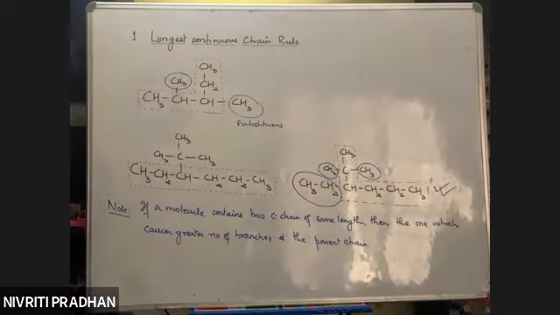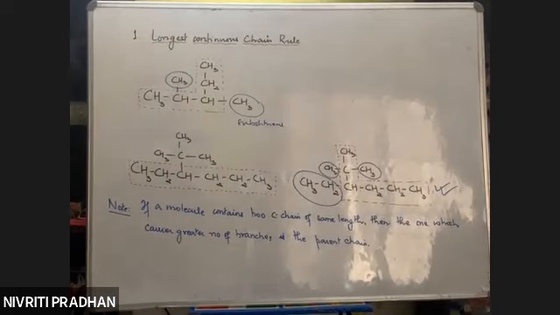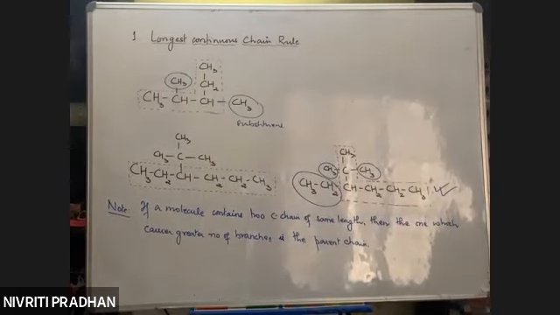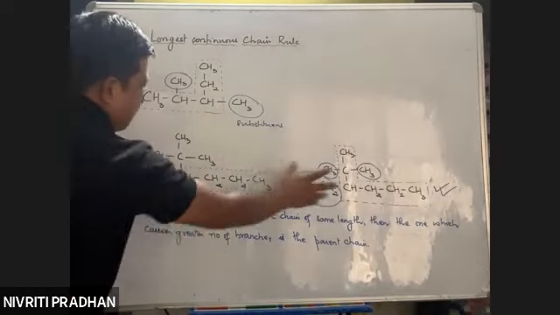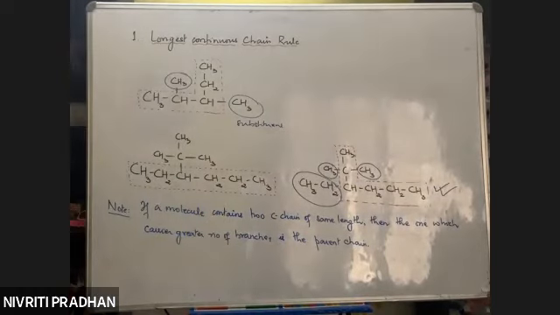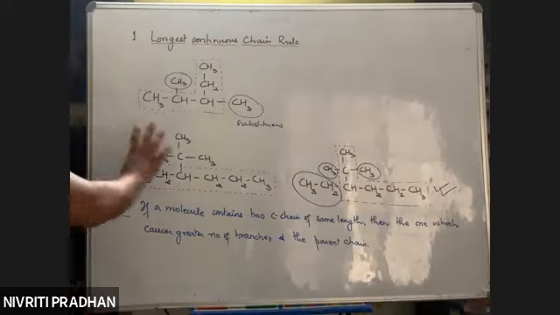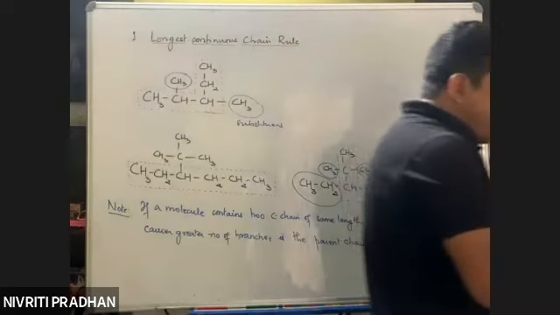So in case a molecule contains two carbon chains of the same length, then the one which carries the greater number of branches is considered to be the parent chain. It's a very important point. Is this clear? First rule is clear.